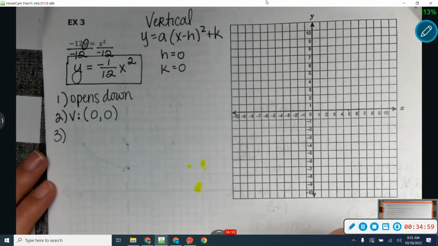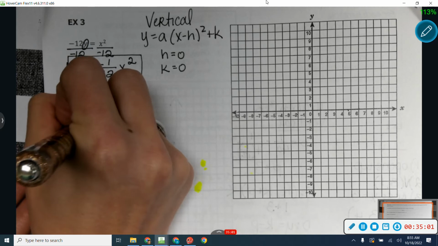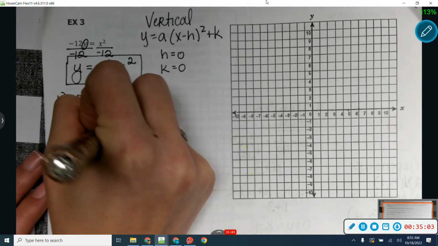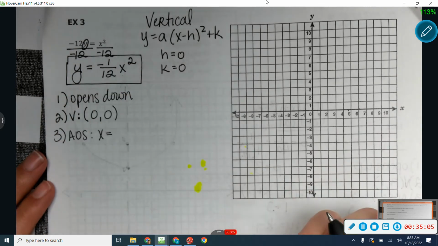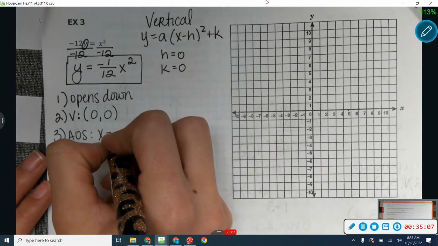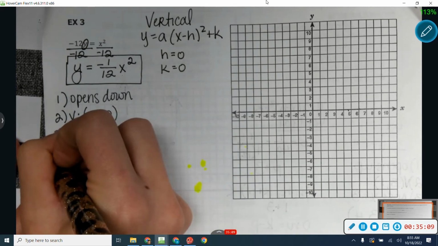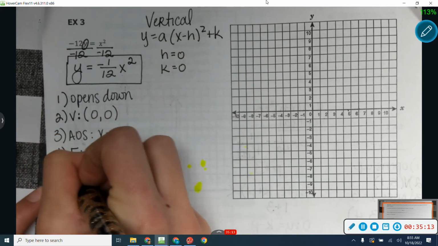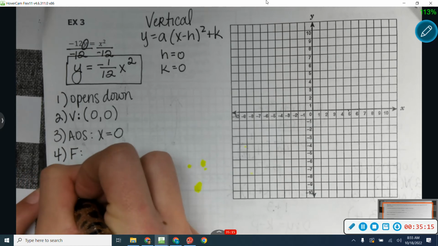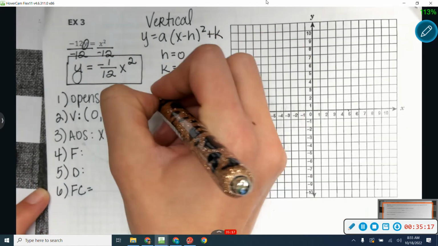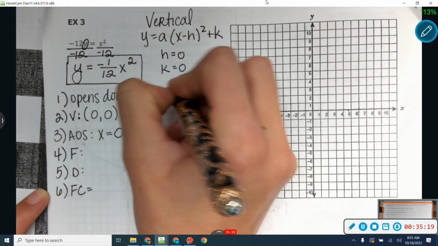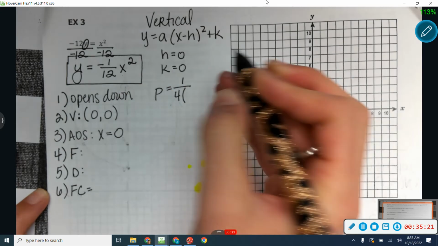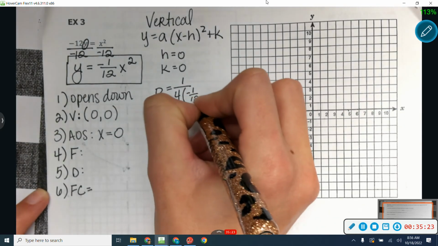So if it's vertical, my axis of symmetry is x equals h, which is x equals 0. So then I'm going to do my focus and directrix and my focal chord after I solve for my p, which is 1 over 4 times negative 1/12.